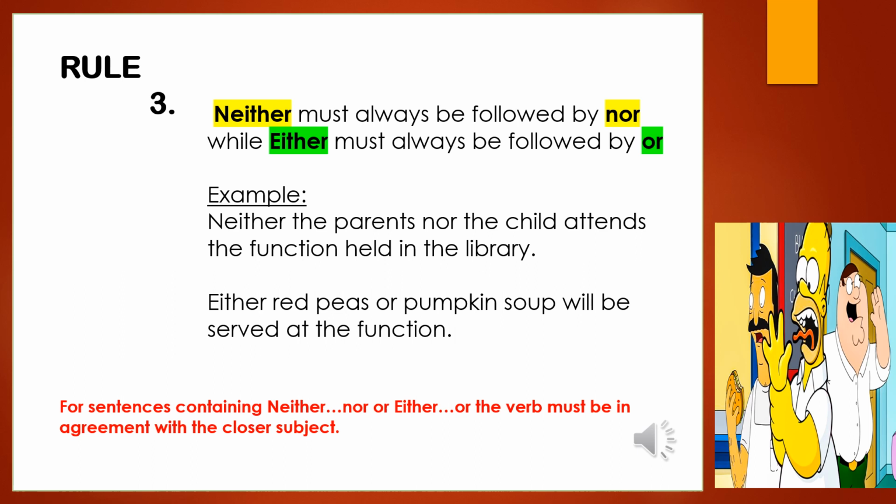Sentence 2, either red peas or pumpkin soup will be served at the function. For sentences containing neither nor, or either or, the verb must be in agreement with the closer subject, as seen in the first example. The verb attends is in agreement with child and not parent.